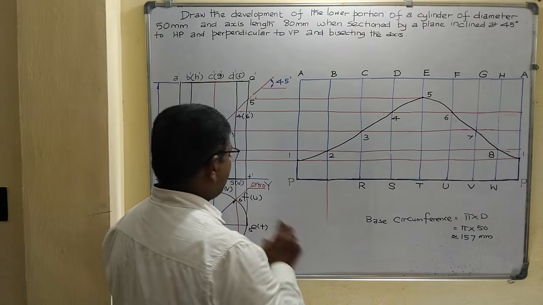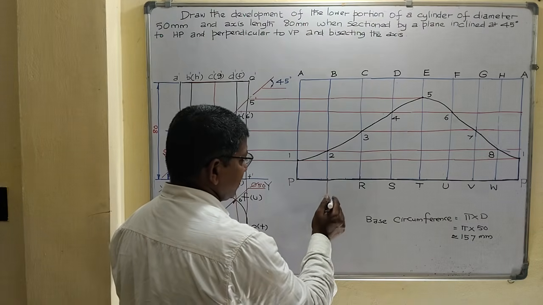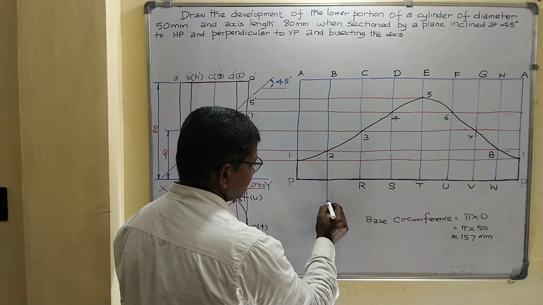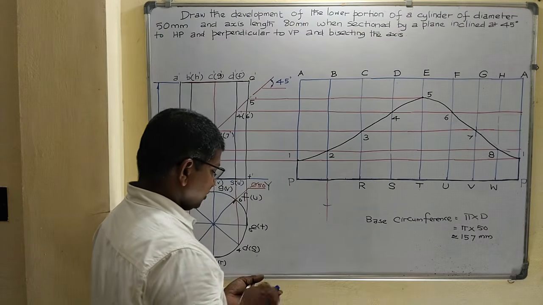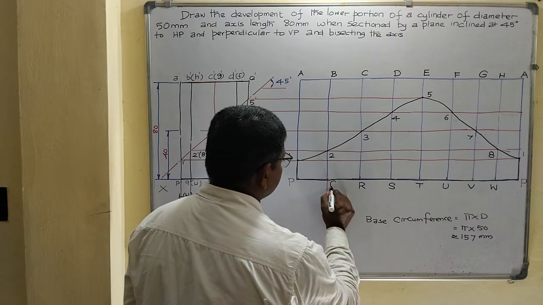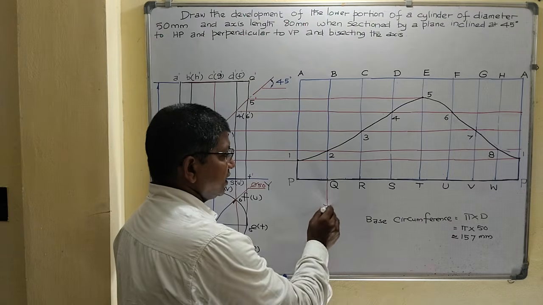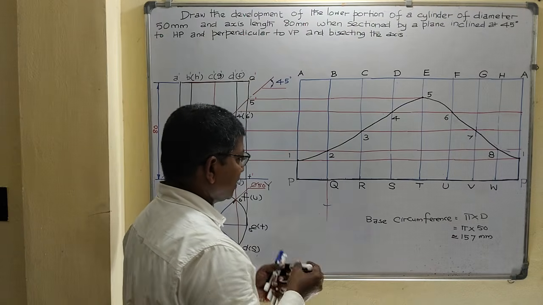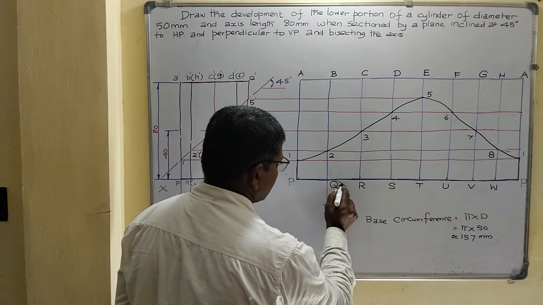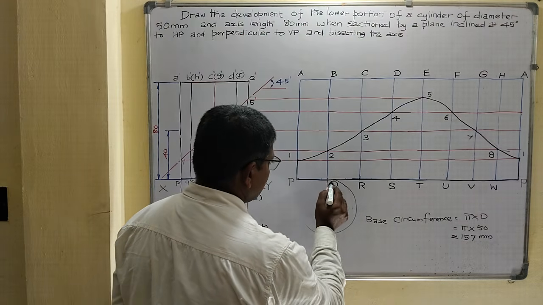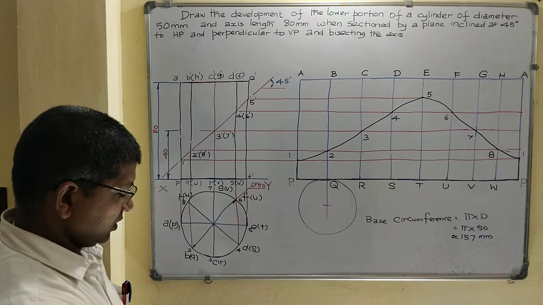Now our base radius is 25 mm. Using a compass with this point as center and 25 mm as radius, draw this arc. Now with this arc cutting point as center and point Q as radius, draw the base circle.